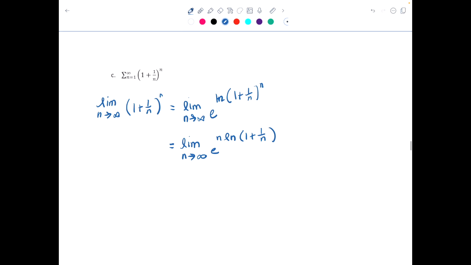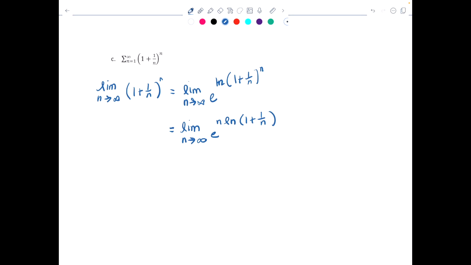Okay. Now, we still don't have it in a form where we can use L'Hopital's rule. All right, remember with L'Hopital's rule, you either need 0 over 0 or infinity over infinity in some form. And this, if we directly substituted, would give us infinity times 0. Still not a form we want.